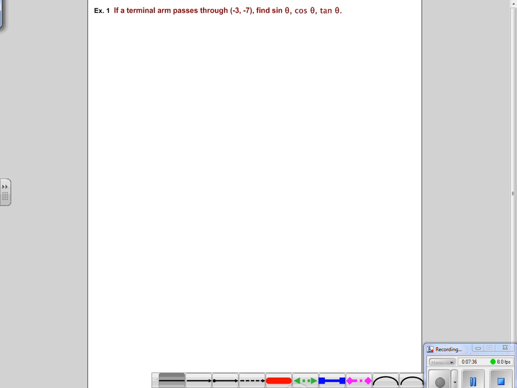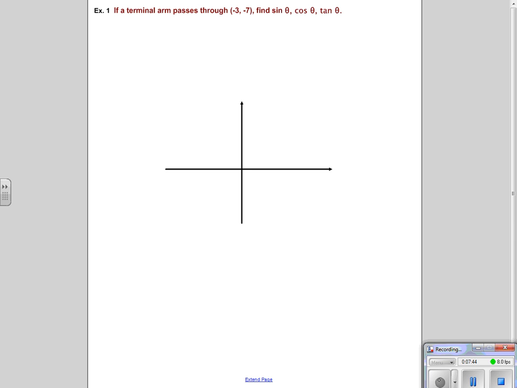So I'm going to try and draw a grid. If a terminal arm passes through (-3, -7), find sine theta, cos theta, and tan theta. So first thing I want to do is draw it. My initial arm always starts here.